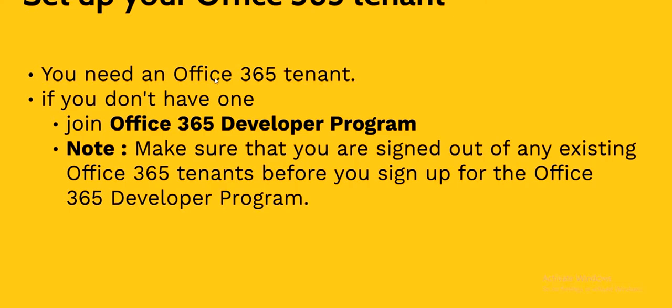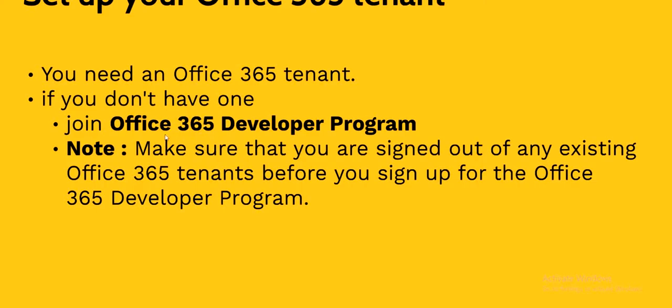But before developing, you need one more step. You need to prepare your development environment. But if you don't have an account on Office 365 right now, you've got two options, the free option and the paid option. This actually is the free option.